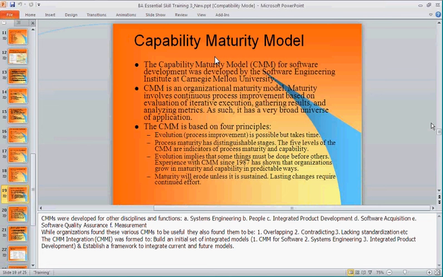No, right? It erodes. So maturity will erode unless it is sustained. In order to keep this maturity at a certain level, it requires continuous effort. So these are the 4 principles. Are you clear so far?